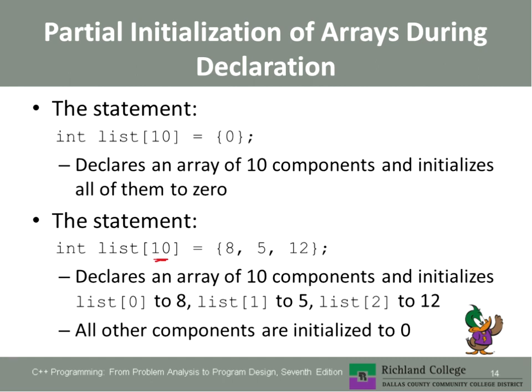But what's going to be the difference? The difference is the array called list will only have 3 items in it. Now, if you do put in the value, it is an array of 10 items, where the first, second, and third item are going to be initialized, but all the rest of the components are going to be automatically initialized to 0. Okay, so there's a difference between if you're going to put a number in here or not. Think about that a little bit, and we can do some exercises on that as well later on.